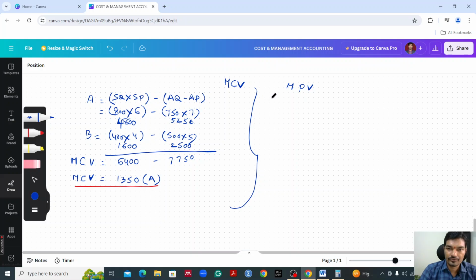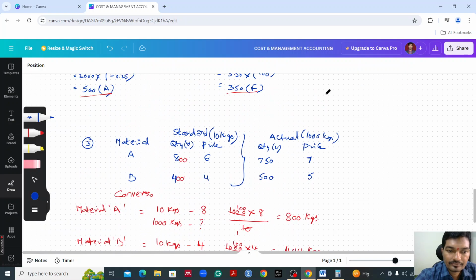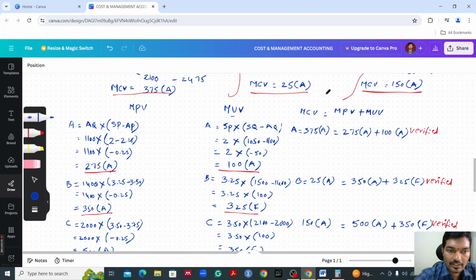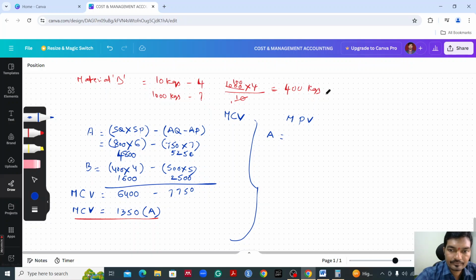First we'll use for material A. The formula is material price variance: actual quantity is multiplied with price, means you take standard price minus actual price.